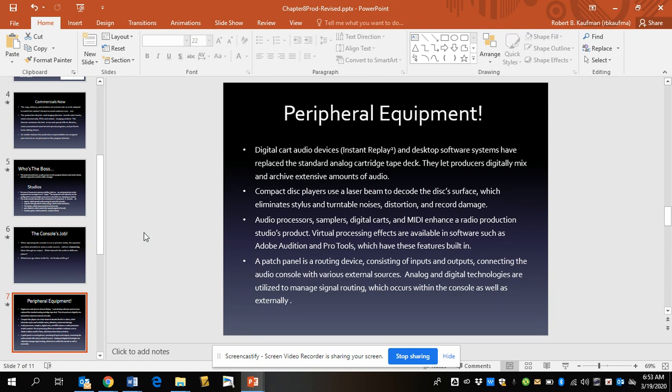Ours is Adobe Audition. It lets you produce, mix, and archive a lot of audio. Some people are still using compact disc players. There are audio processors, samplers, digital carts, and MIDI enhancers. They make radio production a little better.